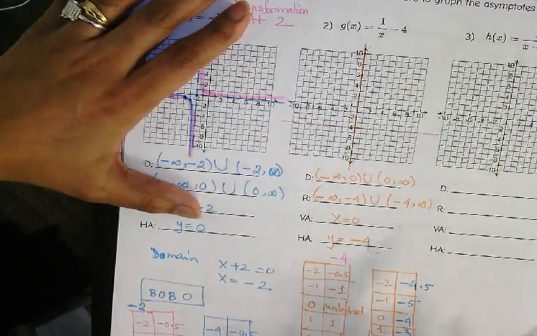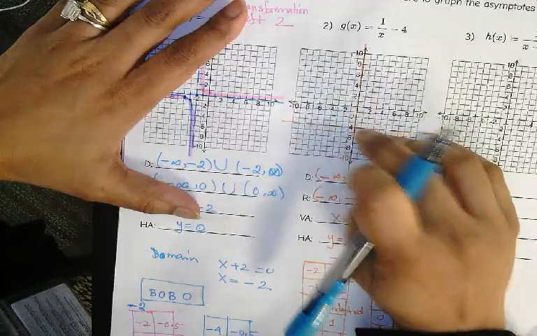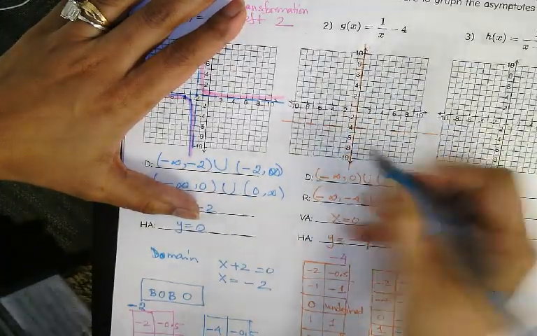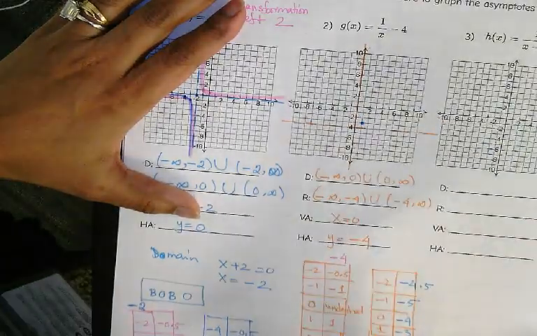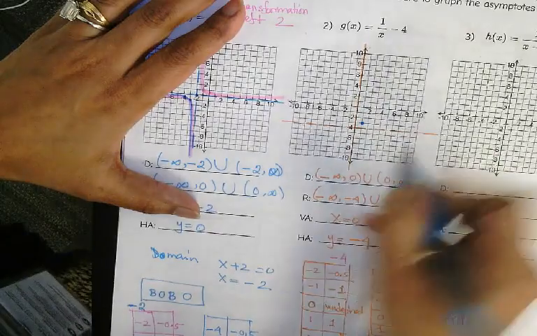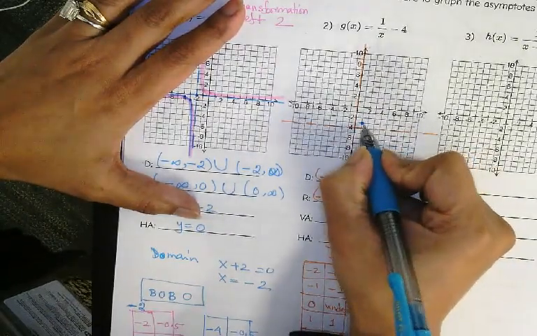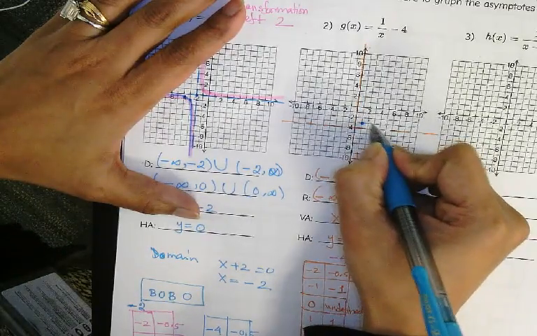Let's plot in over here. This is my undefined, and this is going to be 1, negative 3. That's my new point. And then I have negative 3.5. 2, negative 3.5 over here.